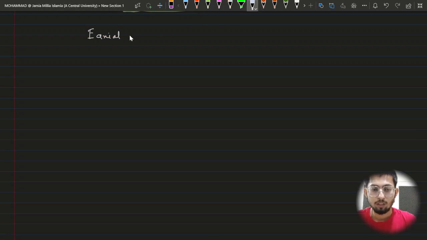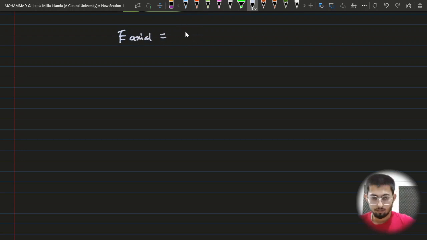I think it was 2. E axial is 2k p vector upon r cube.